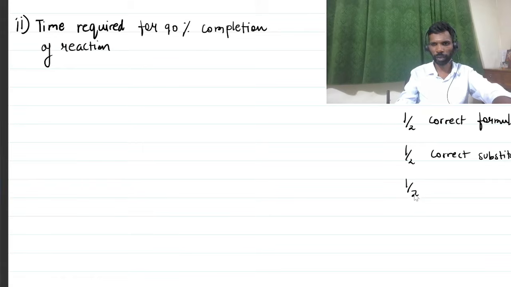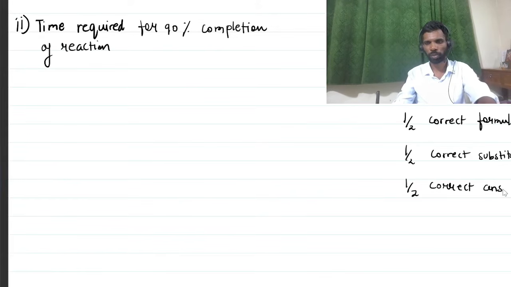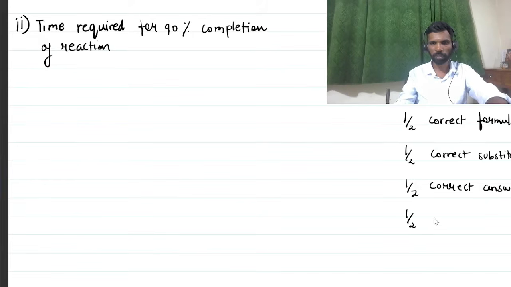You can do any rough work side by side and get the answer, but there are marks for the correct answer. This is how the marks of the numerical are distributed. And half marks is compulsorily for writing correct units, right? This is how the 2 marks are distributed.